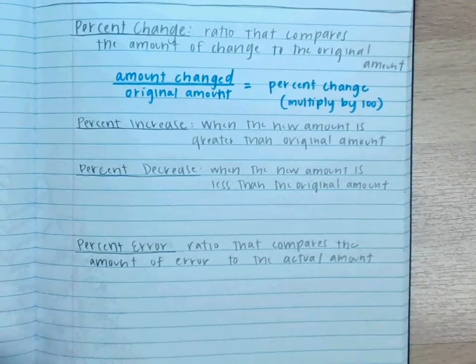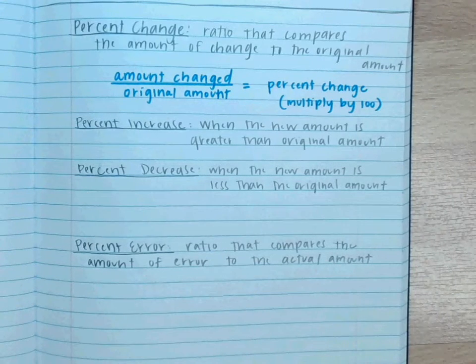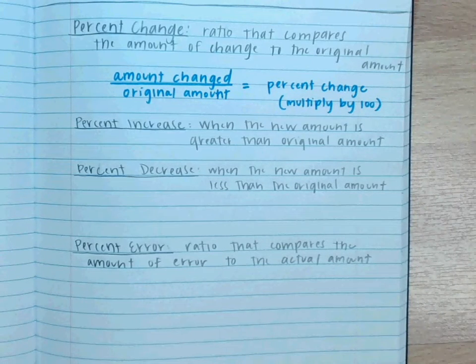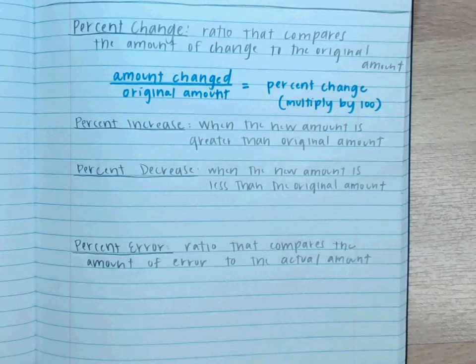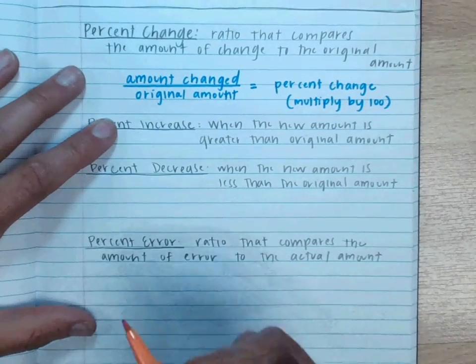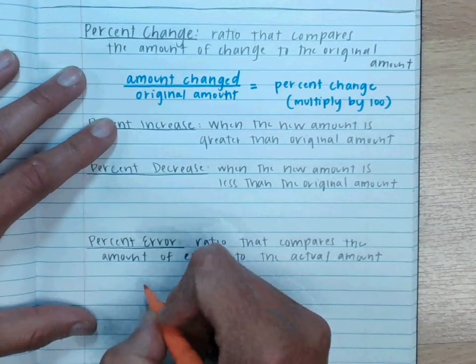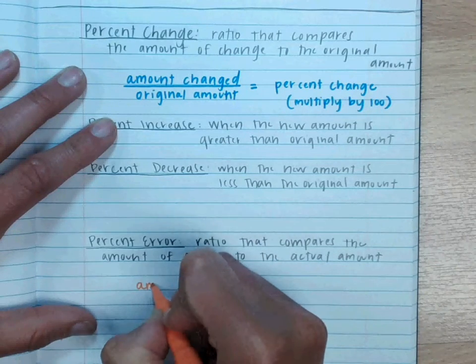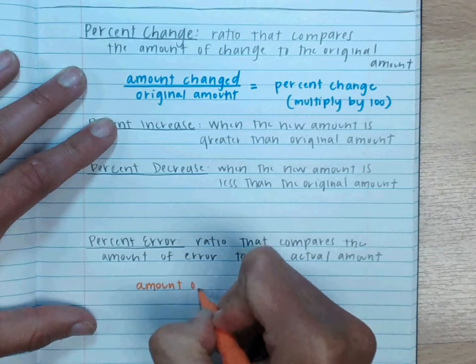Okay, so if we have, say someone says, oh, I think that package weighs 12 pounds, and then we put it on the scale and it actually weighs 11 pounds, there's a percent error in that estimate. So you want to think, how much were they wrong by? So what is the amount of error?